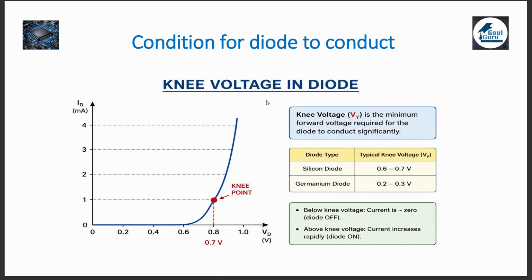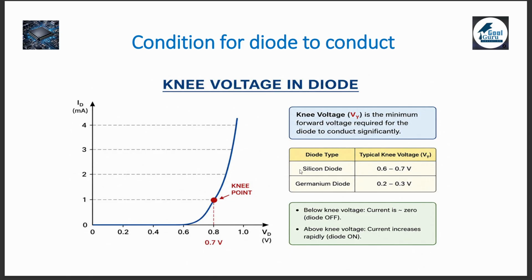Therefore, it acts as a unidirectional switch. Also, we had studied what is the condition for the diode to be in the forward bias. Now, we had studied about knee voltage. What is knee voltage? It is the minimum forward voltage required for the diode to conduct significantly.